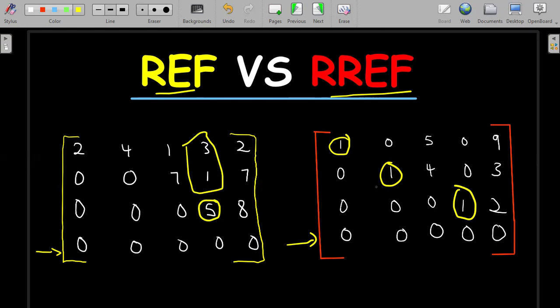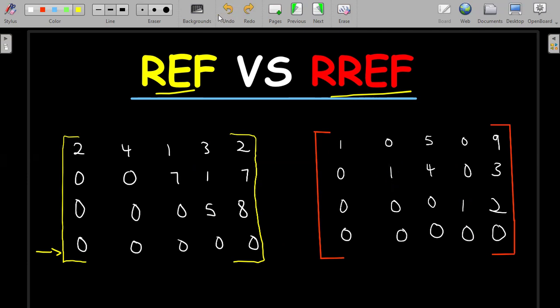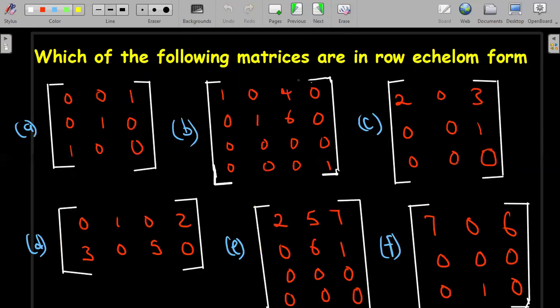But for the reduced row echelon form, if I have my pivot here, all other entries in that column should be 0. That's the difference between the row echelon form and the reduced row echelon form. All right, we can proceed if there are no questions.